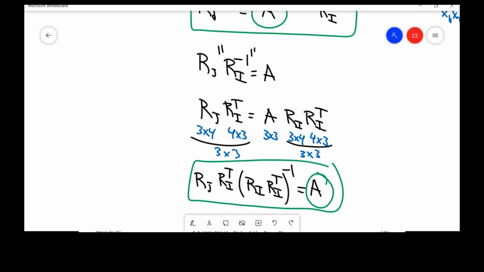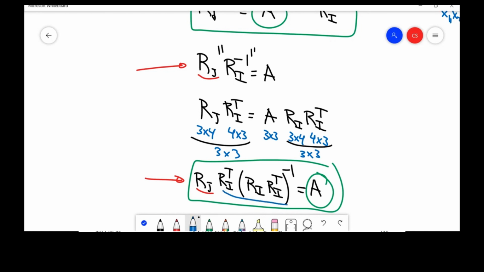And let's compare this equation here with this equation here. It has the same structure. We have Rj, and then we have this thing that is the quoted inverse.